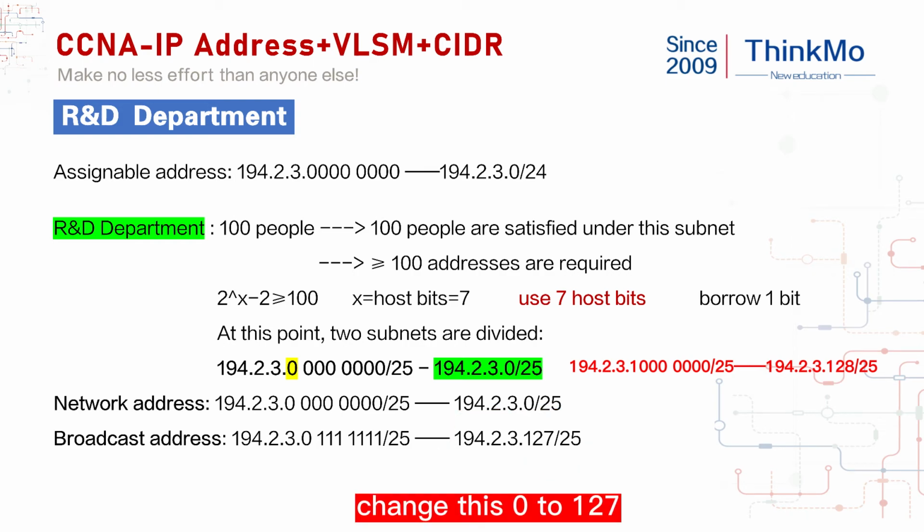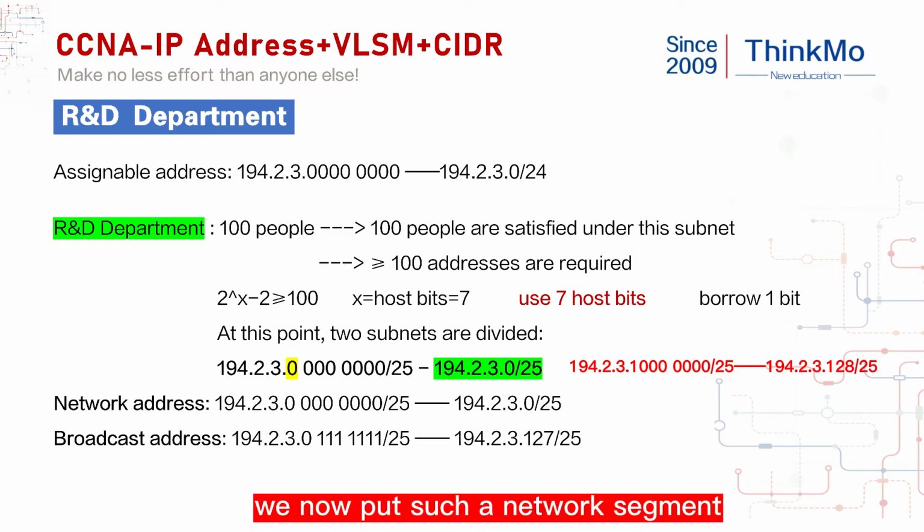Change this 0 to 127. Okay. That is to say, we now assign such a network segment to the RAND department. So, we can fill this network segment to the RAND department.